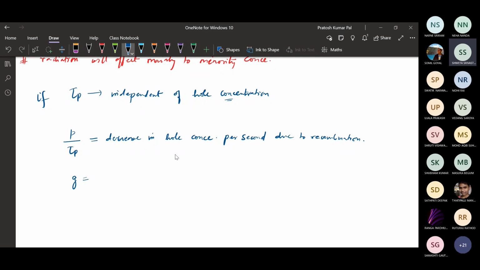Okay, so this is the amount of holes that have been decreasing per second due to recombination, and the amount that have been generated is given by g.